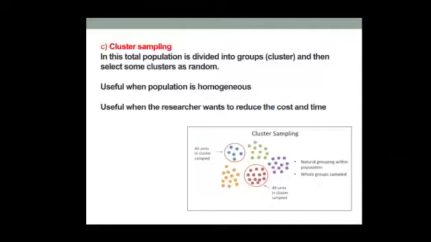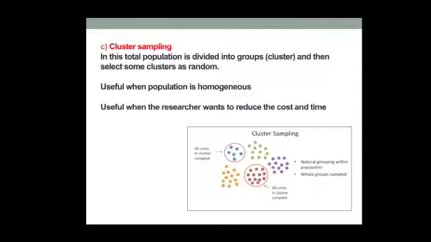Cluster sampling. As in stratified random sampling, here also the population is divided into different groups, what we call clusters. Then select some clusters at random. I repeat, in cluster sampling, after dividing the population into different groups, what we call clusters, some clusters are selected randomly and studied.